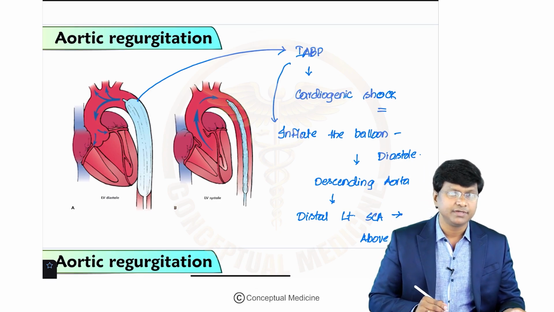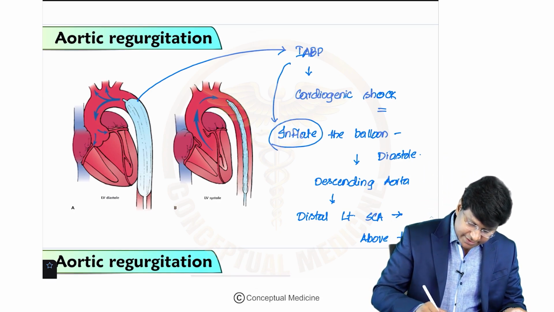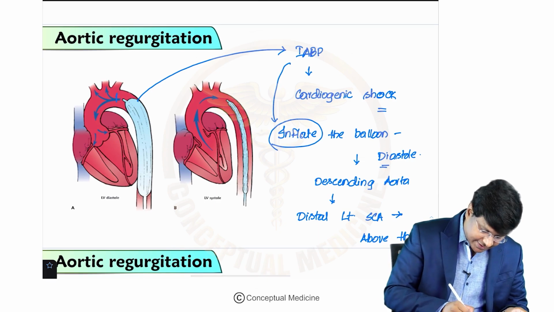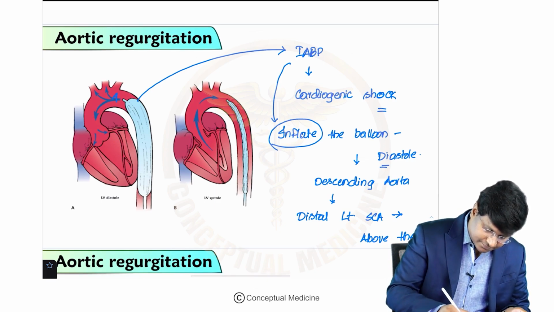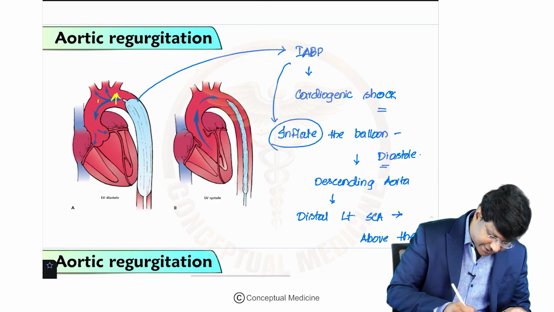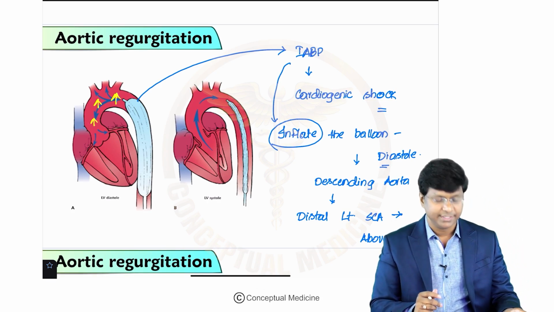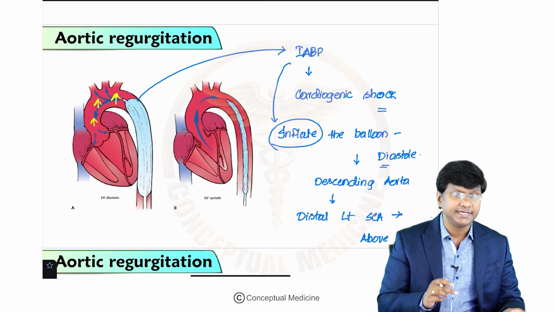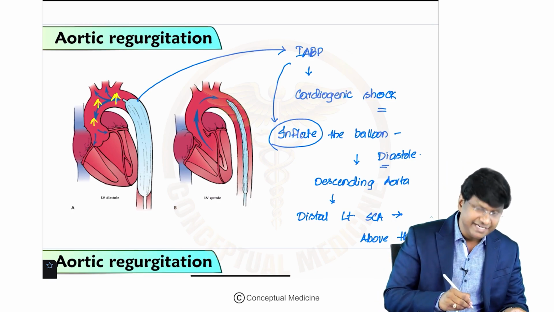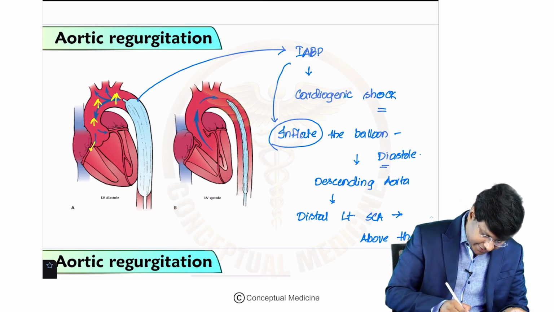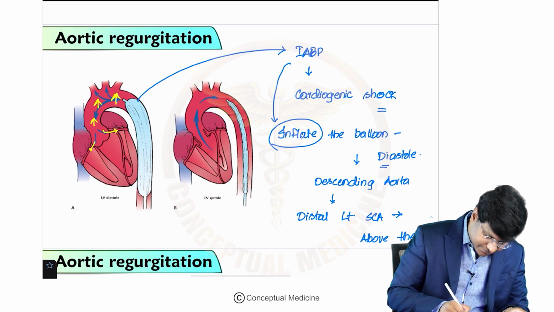And what this intra-aortic balloon pump does is, whenever the balloon is inflated during diastole, the pressure within the aorta increases during diastole. Once the pressure within the aorta increases during diastole, the blood from the aorta will enter into the coronary arteries.